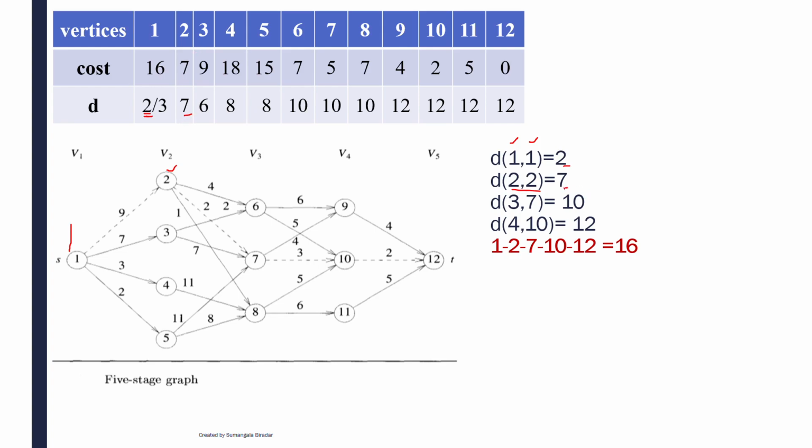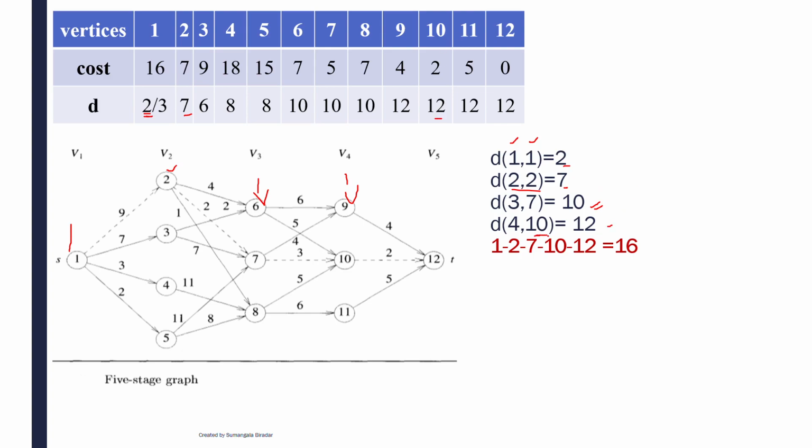That is the 7 here. Next, in the third stage, now what it is? 7 here. So for the 7, you are having the D value as a 10 here. Okay. Next in the fourth stage, what is the minimum you got? For the 10 you got the minimum here. So now for that, if you take the D value, that is the 12 here.